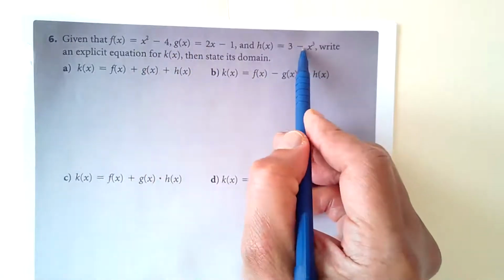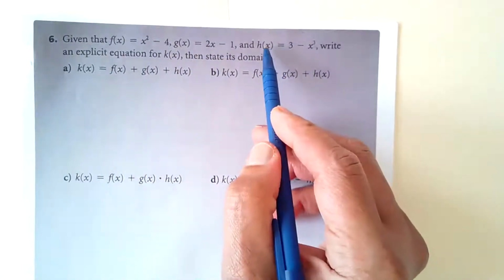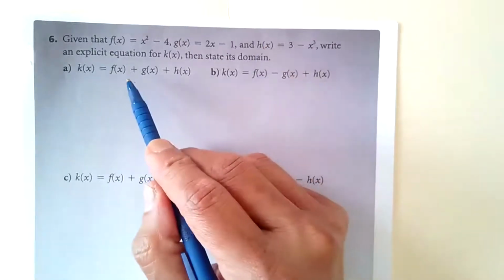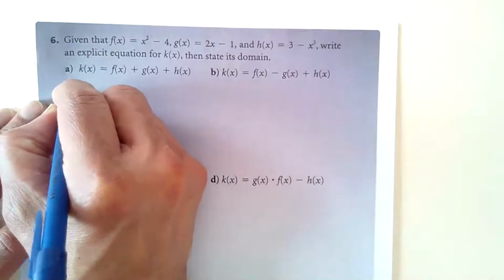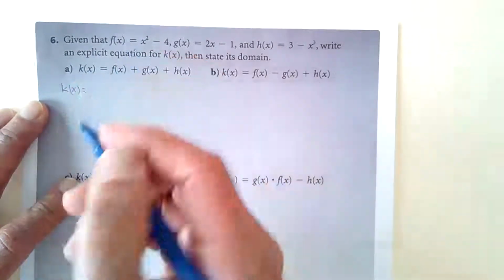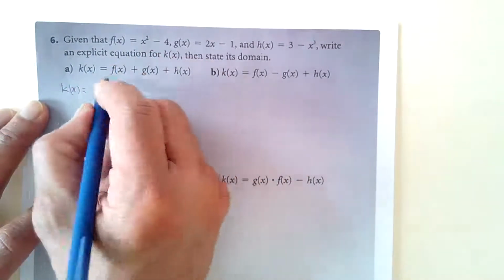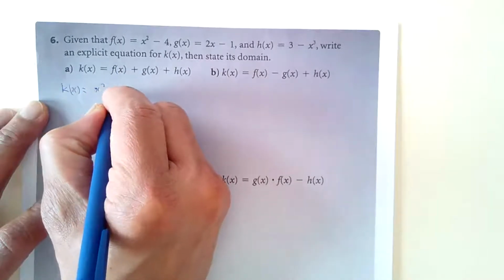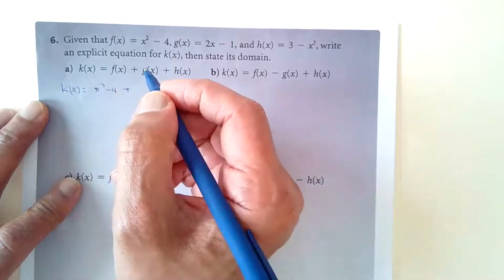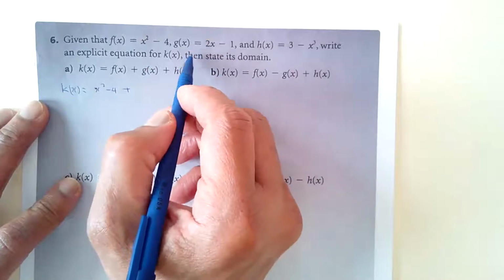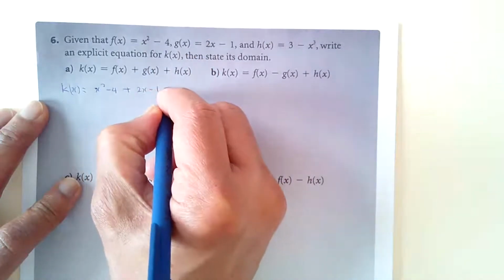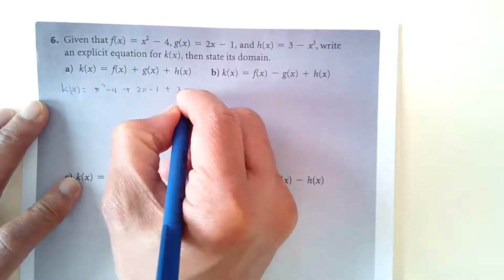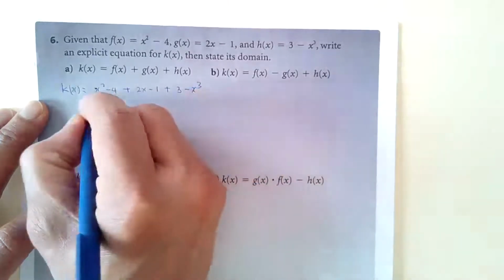So we'll substitute the given function into our composite function here. So we have k of x will be equal to f of x is x squared minus 4 plus we have g of x is 2x minus 1 plus h of x is 3 minus x cubed.